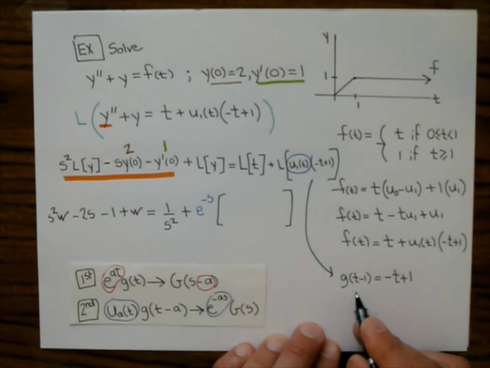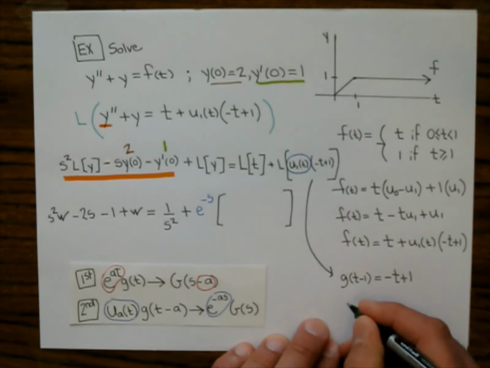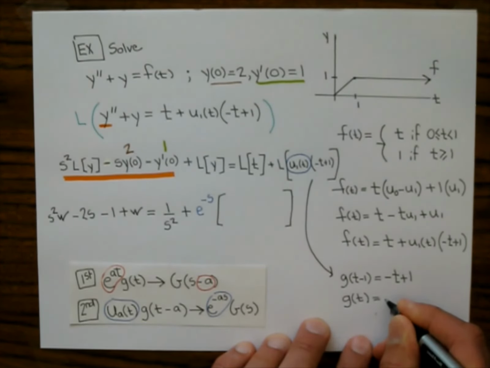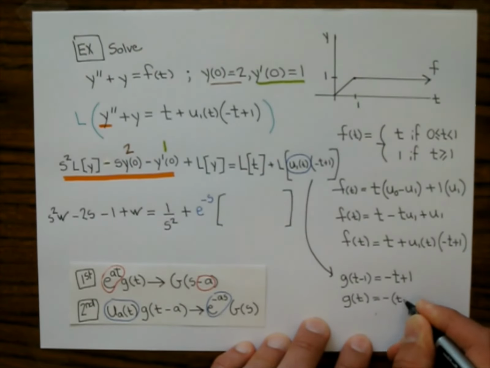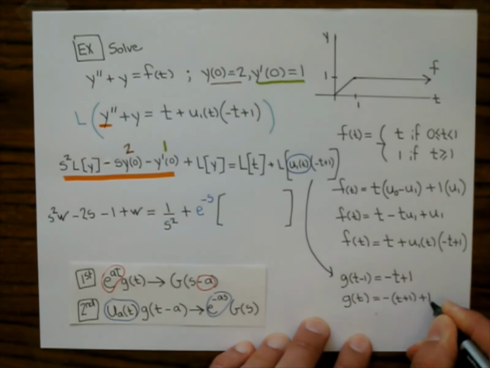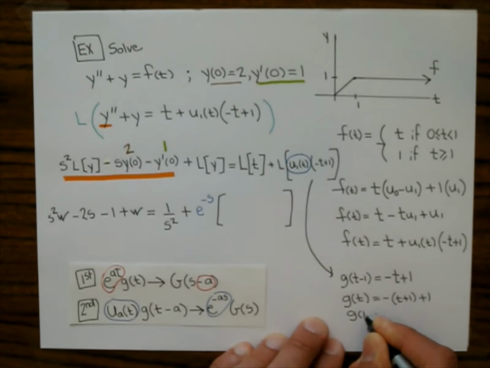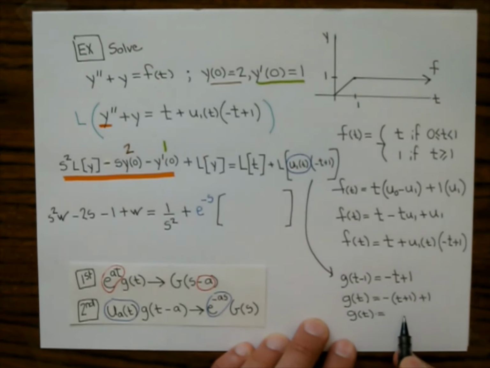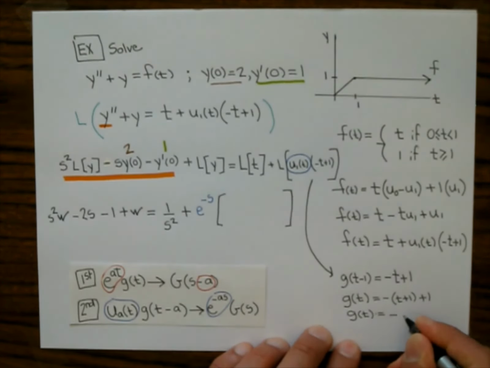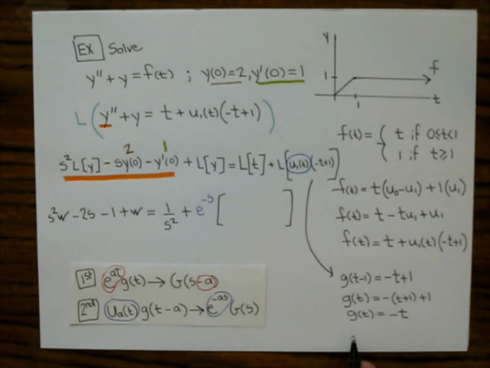I go ahead and replace all the t's with t plus 1s. So I have g of t equals, so every t gets replaced with a t plus 1. So g of t equals negative t minus 1 plus 1. And so this would be negative t.